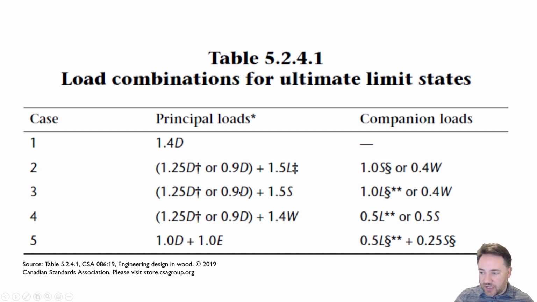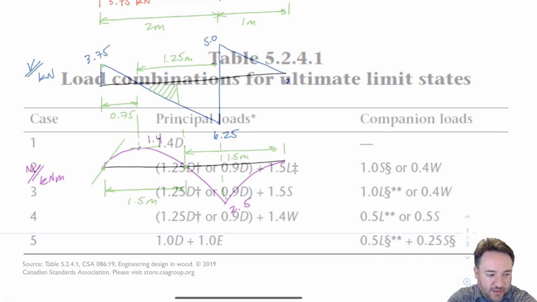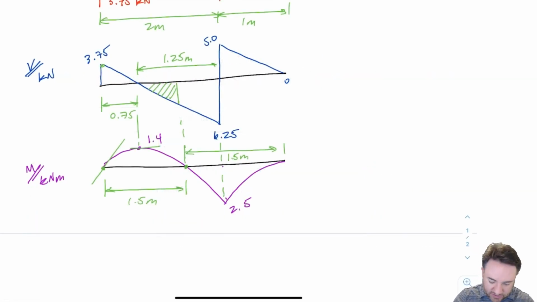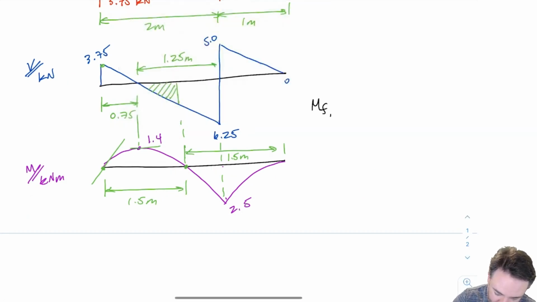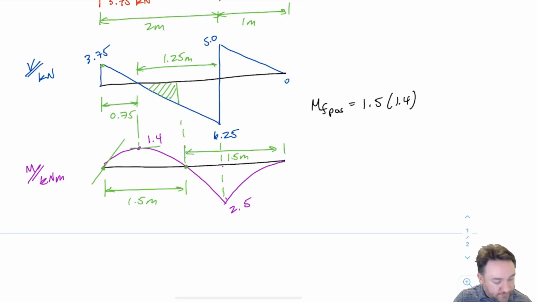So basically my factored load is going to be 1.5 times my unfactored load, because those are all snow loads. So if I'm saying my MF positive, for positive moment, it's going to be 1.5 times 1.4. Okay, and that equals 2.1 kilonewton meters.